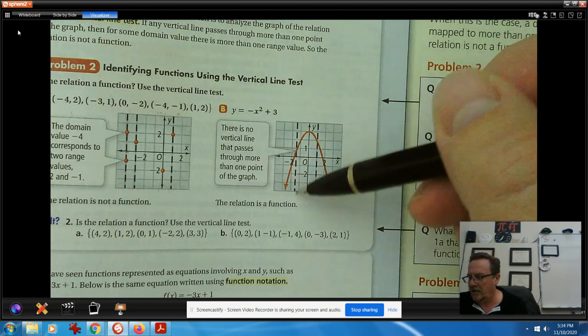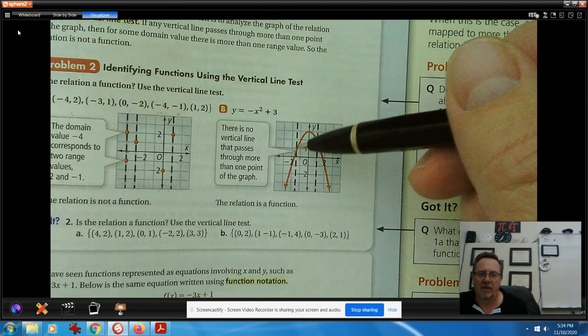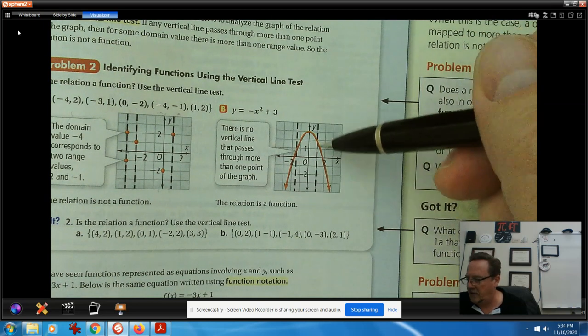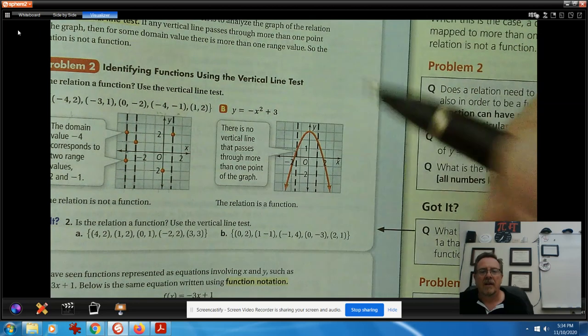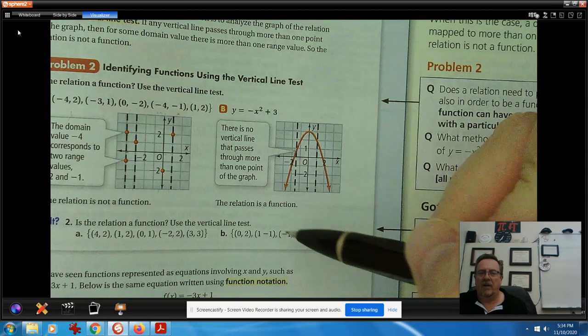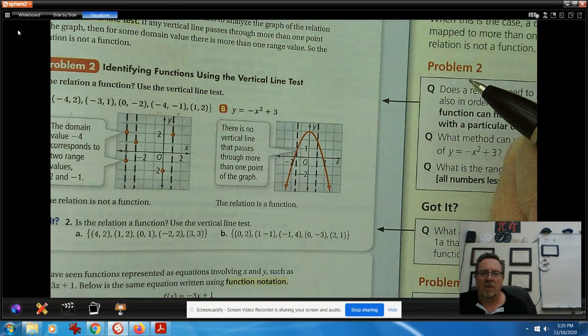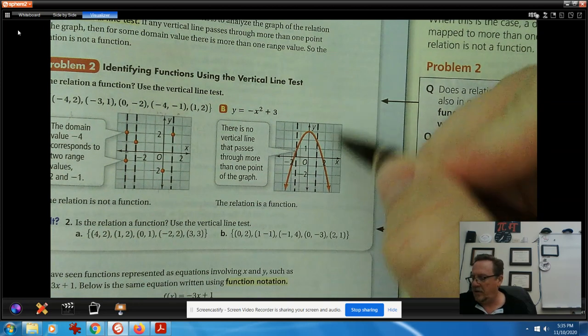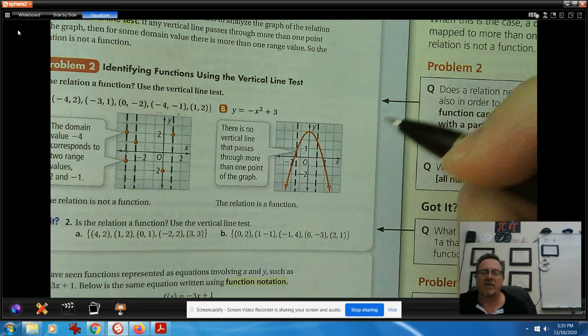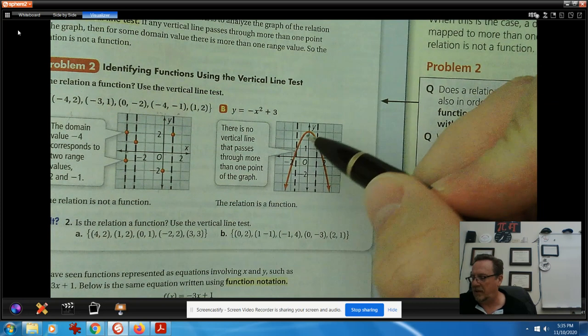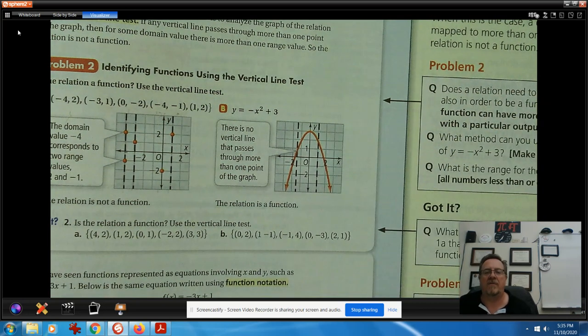Okay, let's check this one. Anywhere I can draw a vertical line, will it cross, in the graph here is this red parabola, right? Is there any way I can draw a vertical line where it will cross through 2 points on that parabola? Nope. No matter where I choose to draw a vertical line, it's always only going to cross through one. Therefore, something that looks like this is a function.